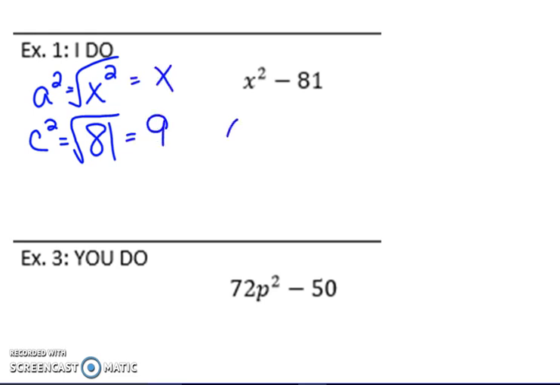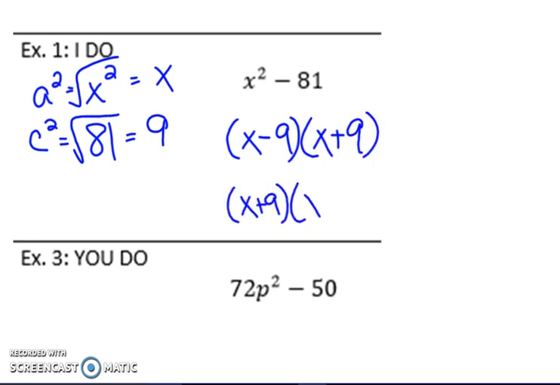So now my final answer becomes x minus 9, x plus 9. Or I can write it x plus 9, x minus 9. Either answer choice is acceptable, but the biggest thing, we need to make sure we're taking the square root of both parts.